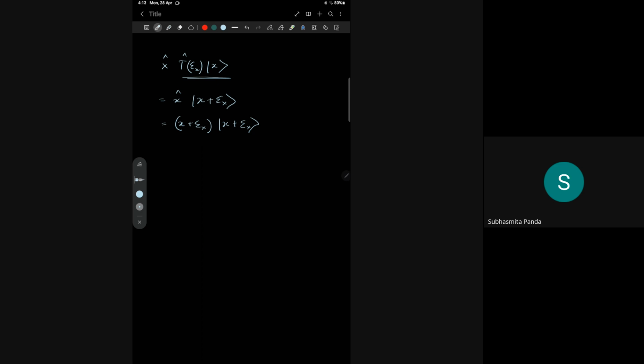So similarly, if I try to find out what is my generator E epsilon x operating on the state, okay, what will it be? First, we will evaluate this one. So that will be equal to what?